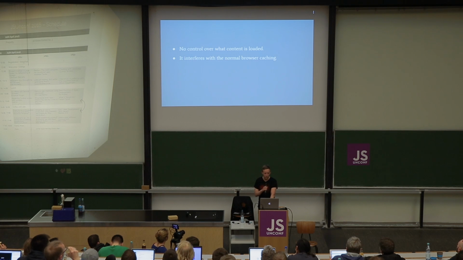So one might think it is a replacement for the browser cache, but this is not the case. So even if you manage to tell the application cache to load the new version, the browser still might say, well, the cache headers say it's valid for 5 years, I serve the old version. So to prevent this, you have to disable the normal caching for all files that you want to have in the application cache. This sucks.